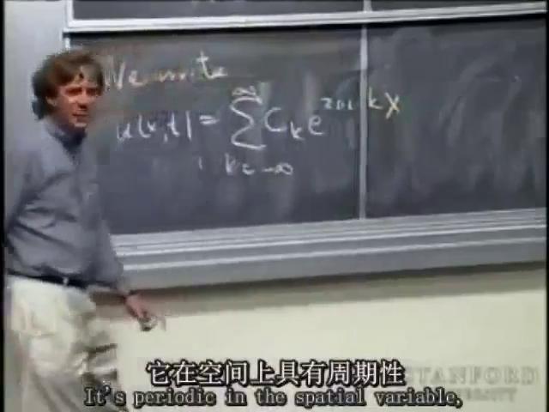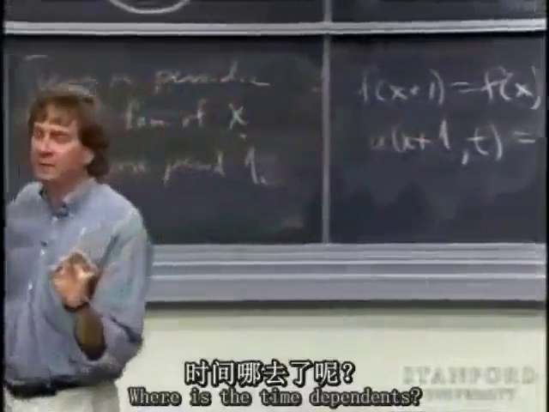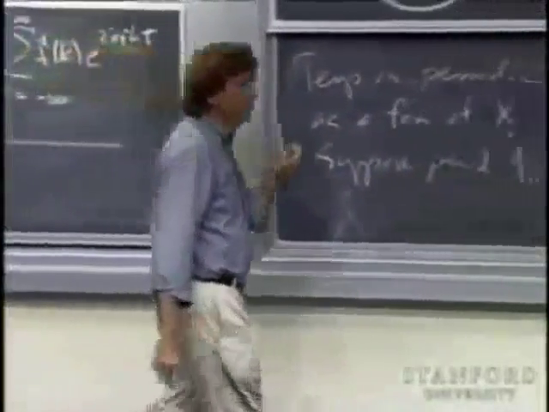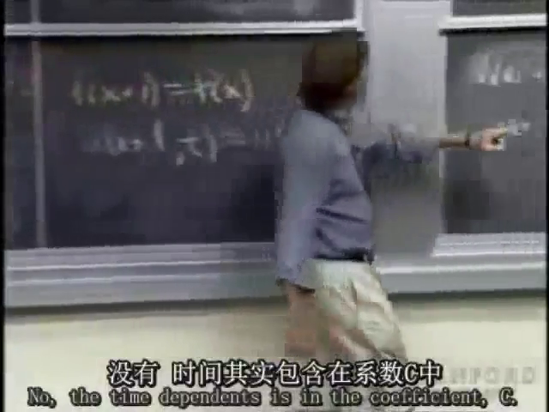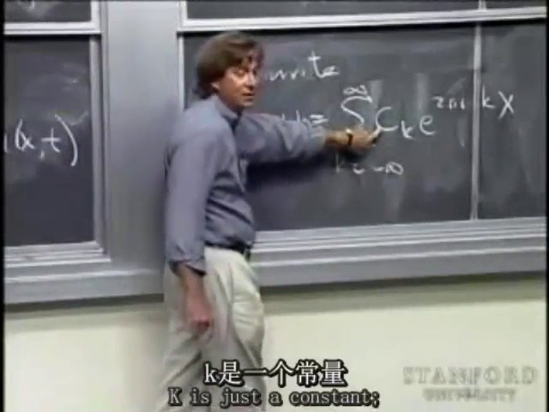It's periodic in the spatial variable, so the variable in the complex exponential is x. Where is the time dependence? No, the time dependence is in the coefficient c. That's where the time dependence has to be. k is just an integer.